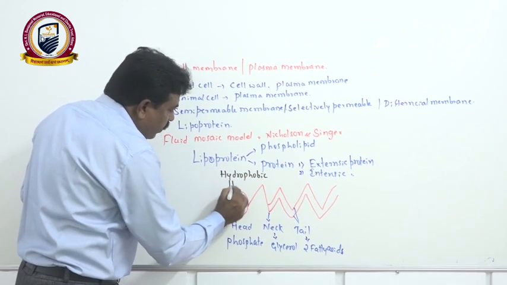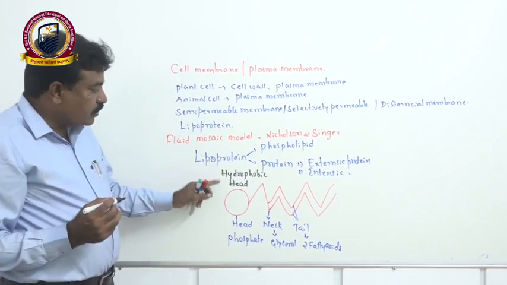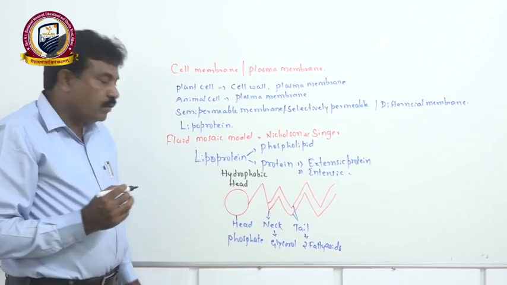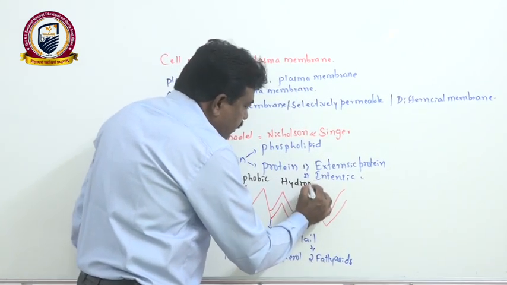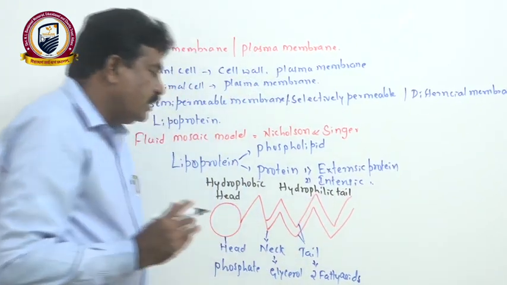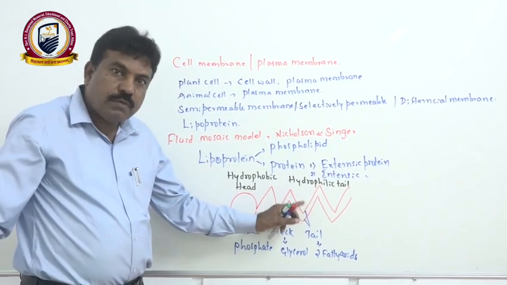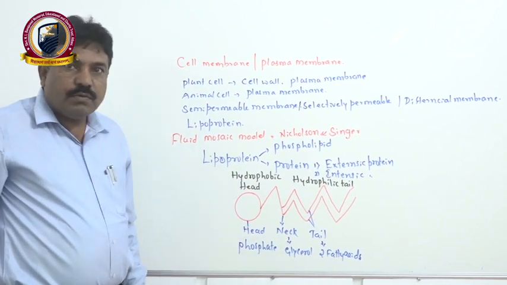Hence it is what we call a hydrophobic head. That means it will not absorb water at all. Whereas the tail is a hydrophilic tail. That means the tail absorbs water, whereas the head region may not absorb water.